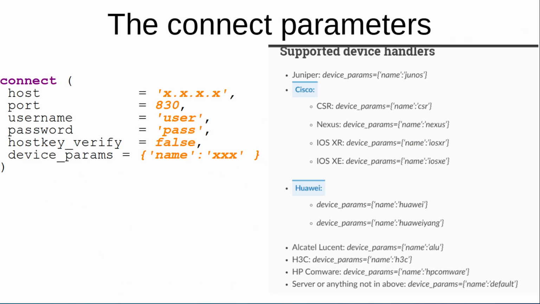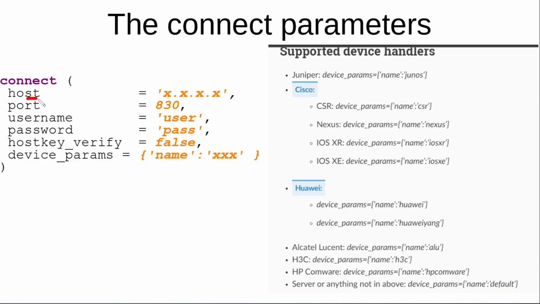So when you call connect, you have to supply several parameters. Notice that this is the Python way of calling a function, because you can establish what parameter is what. Other languages won't allow you to do that, but Python will let you tell exactly what parameter is doing what.